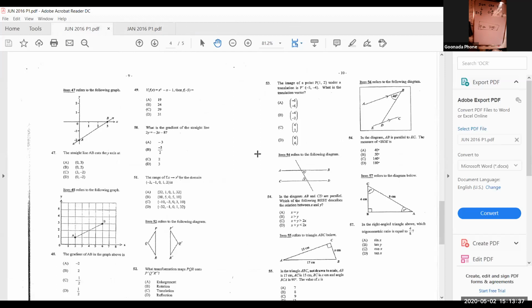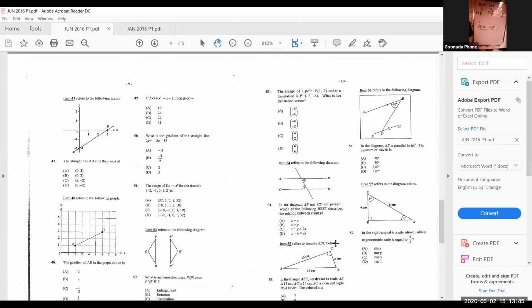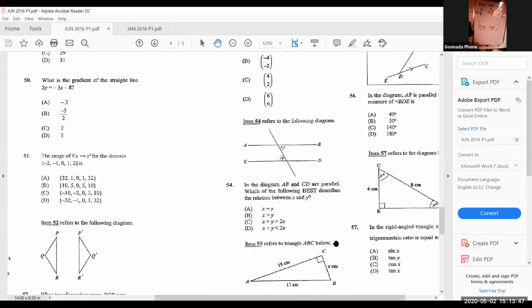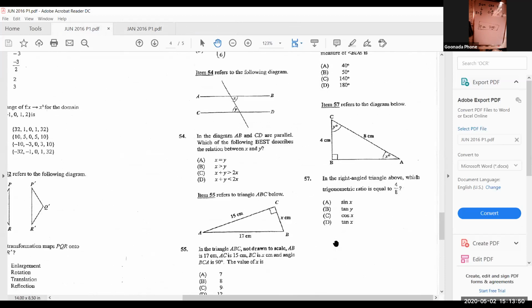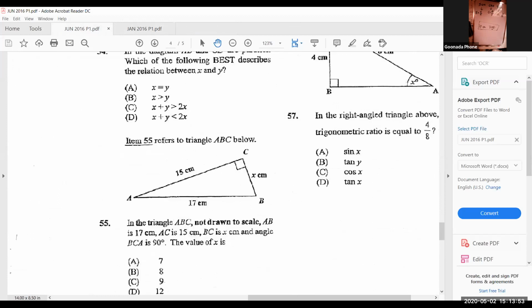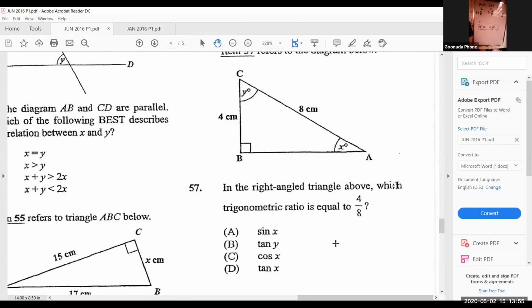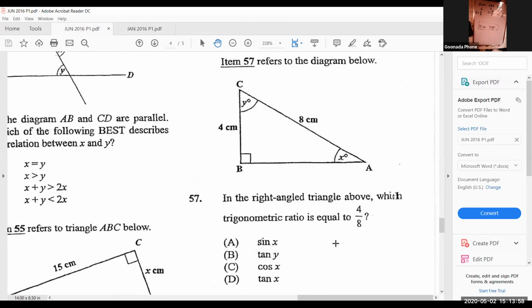All right, let's look at June 2016. Look at this one here, number 57. We're given the hypotenuse, and this is the opposite, and we are asked to find the adjacent.